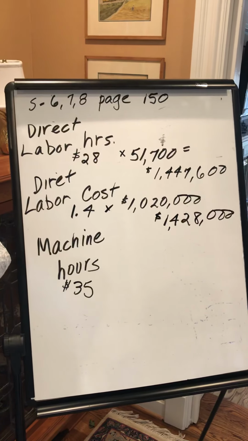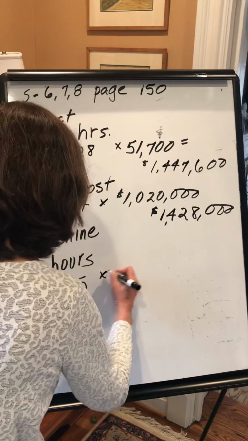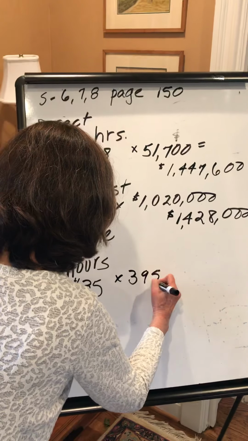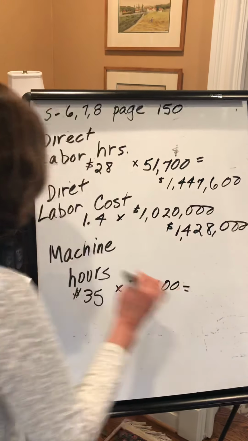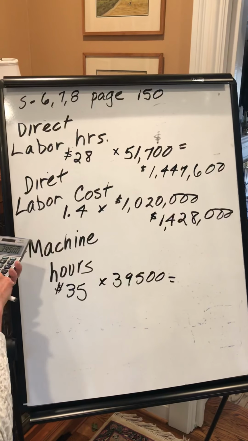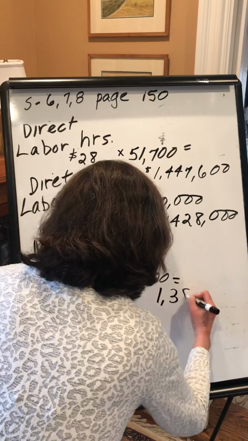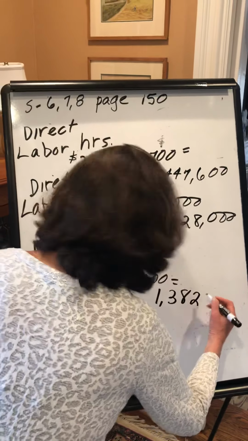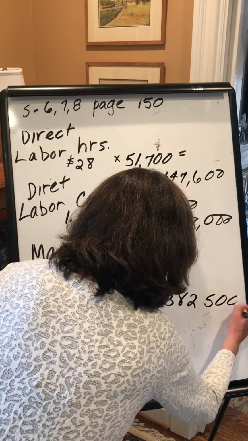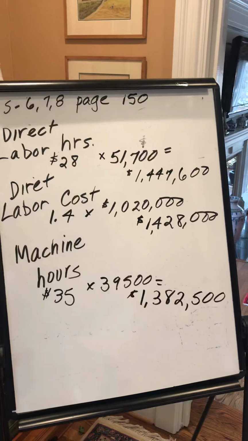And for machine hours, they actually ran 39,500 hours of their machines. So they would have allocated $1,382,500 had they used machine hours.